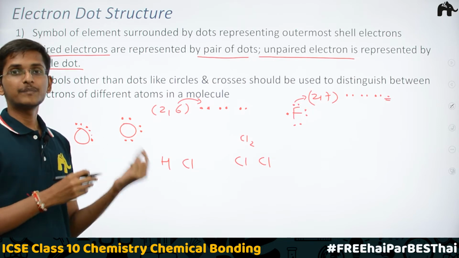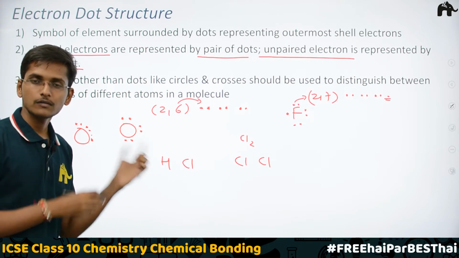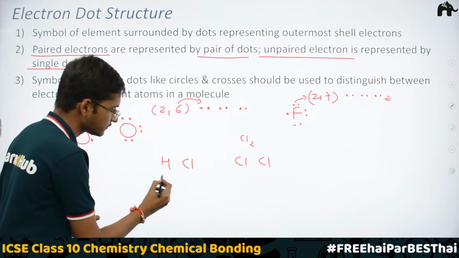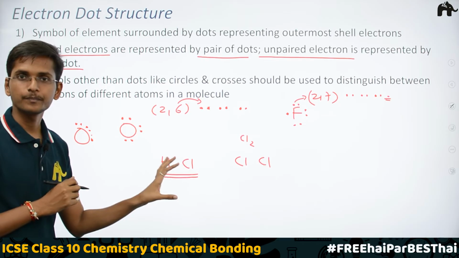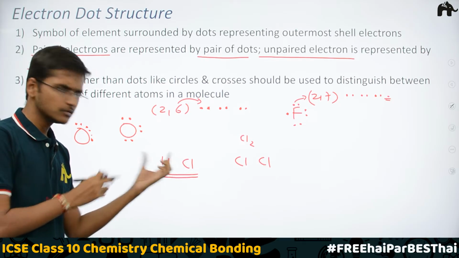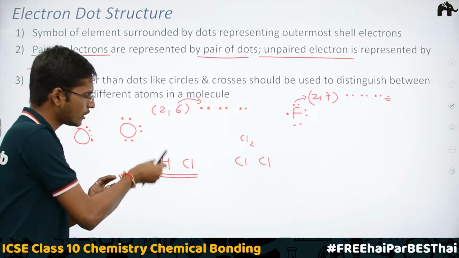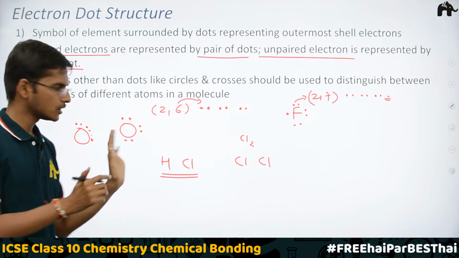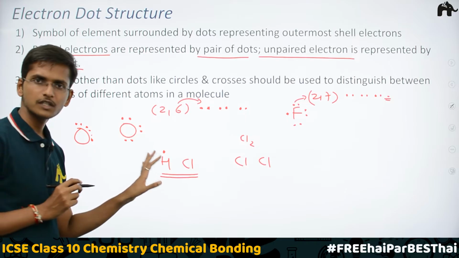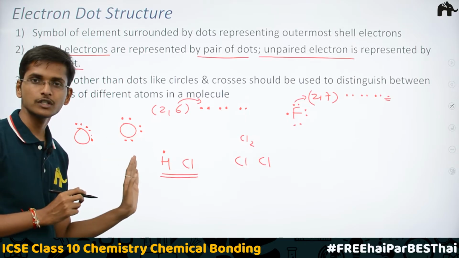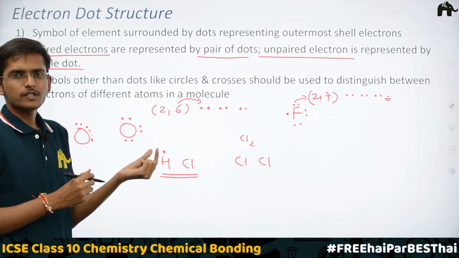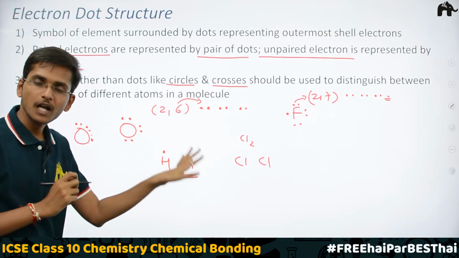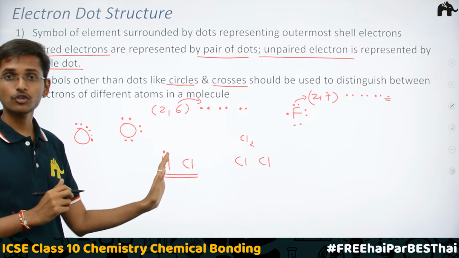When we are representing the outermost shell electrons of the atoms of a particular molecule, you have to use different symbols for the different atoms in the molecule. So if I am using dot for hydrogen, then the rule says to use either circles or cross for the other atom, for representing the outermost shell electrons of the other atom.